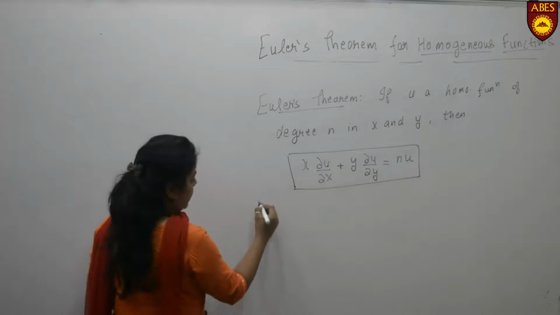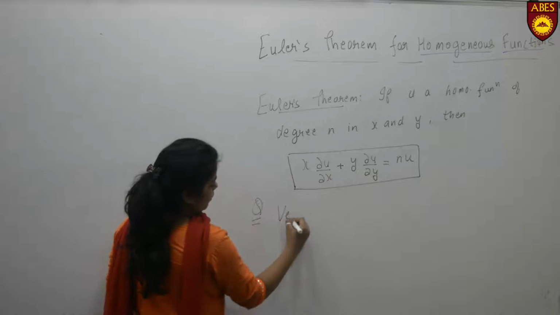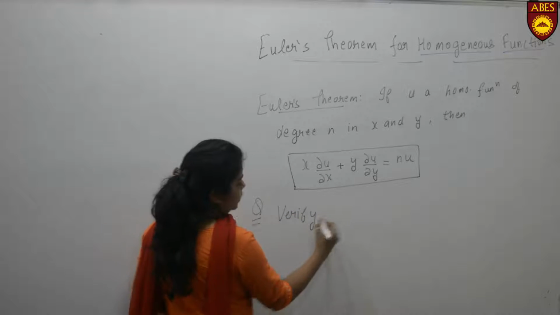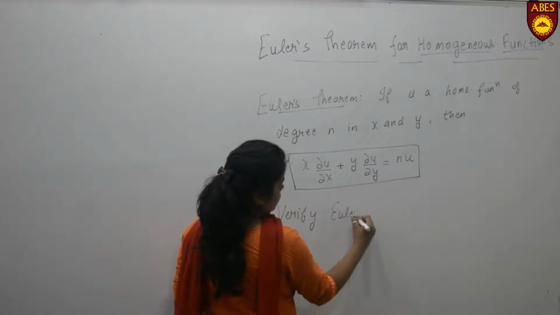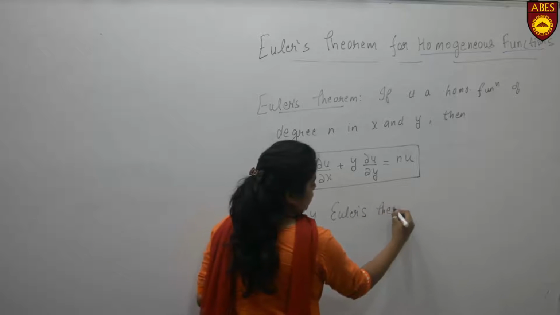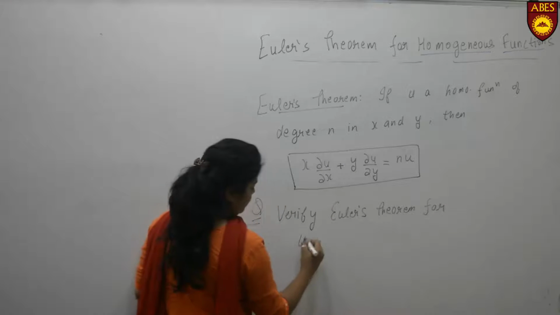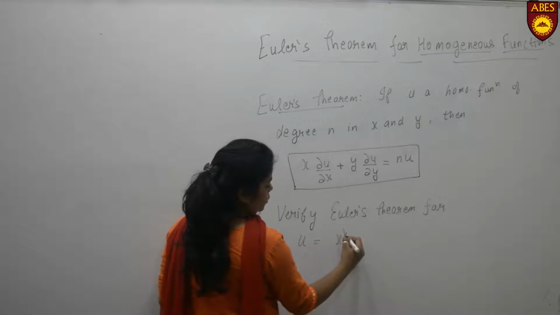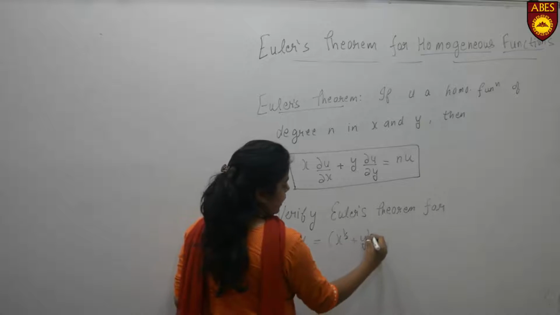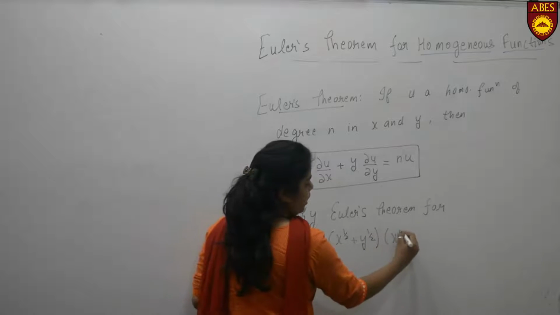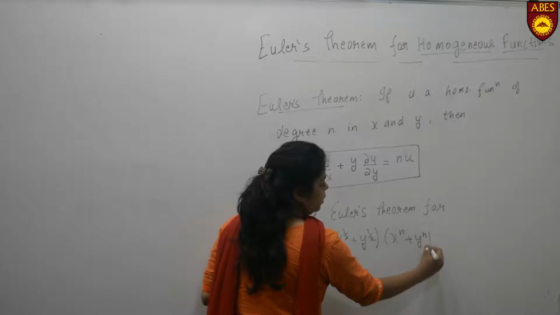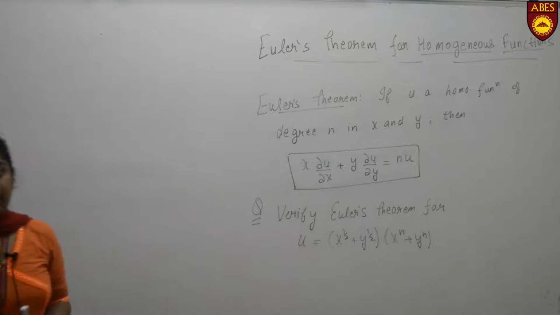We can solve this by verifying an example. Verify Euler's theorem for u equals x power half plus y power half times x power n plus y power n.